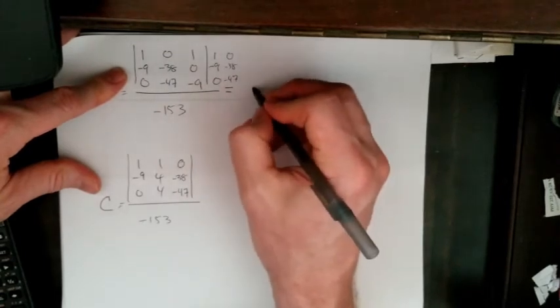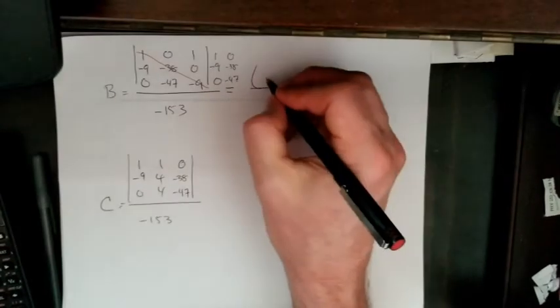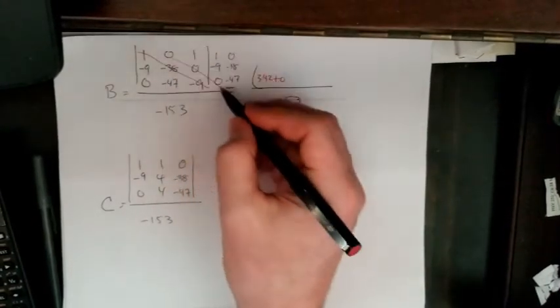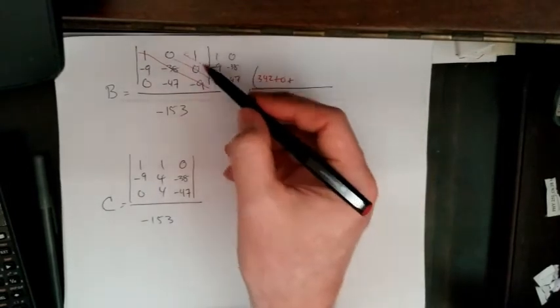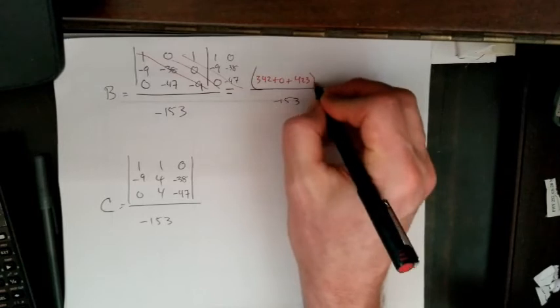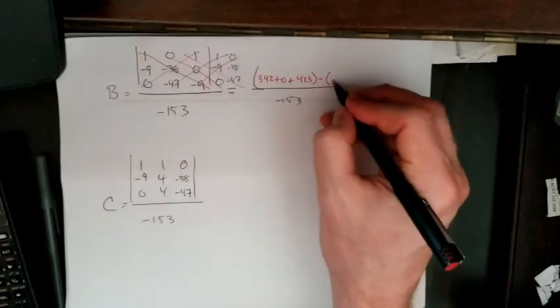And so we end up with, let's go for that stunning visual effect here, with negative. So I get 342. Plus 0, plus two negatives there, so plus 423, minus, and then 0, 0, and 0.